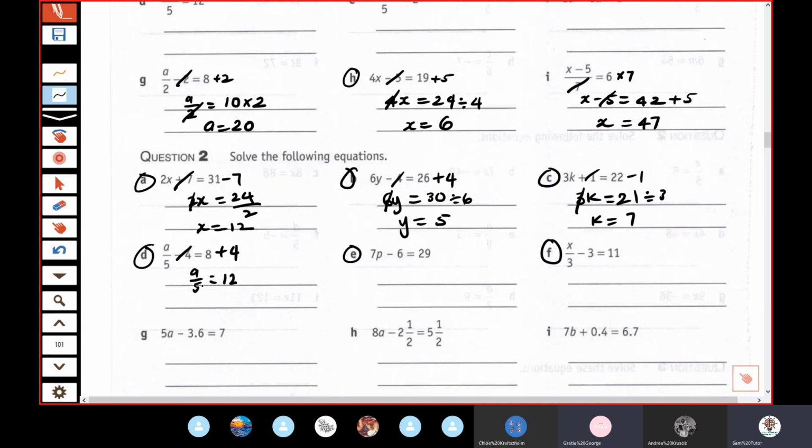You have to divide 12 by 5. Nope. It's already divided, you've got to do the opposite of that. Oh, times. And then therefore you get a equals 60.